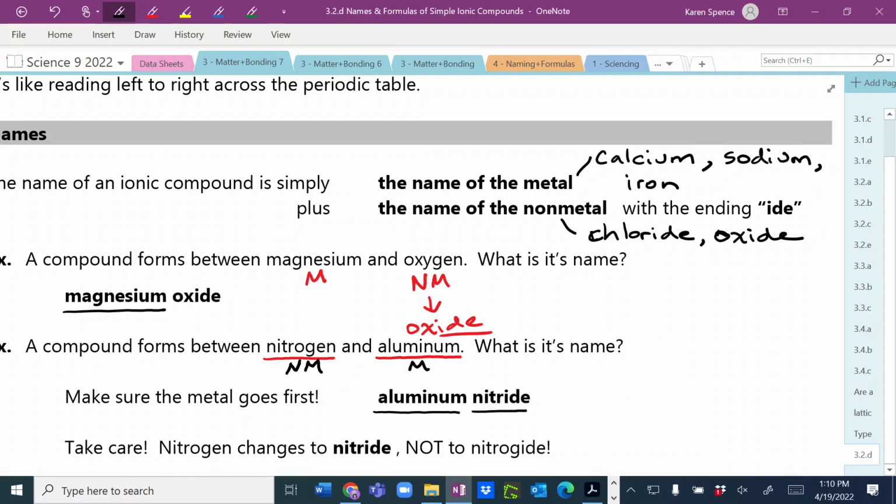Not nitrogide. Do you remember something about the names of anions? How many syllables do anions' names usually have? Usually 2. There's like one exception to that, I think it's selenide, but you won't come across that very often. So we can just say that they have 2 syllables.